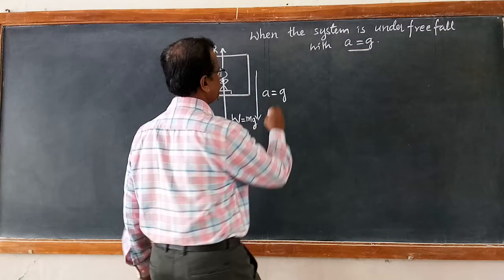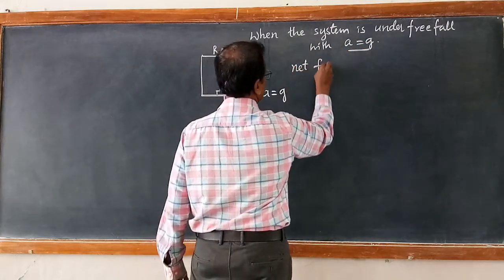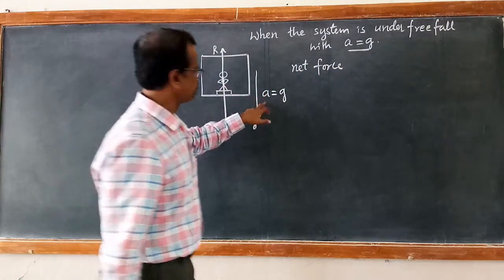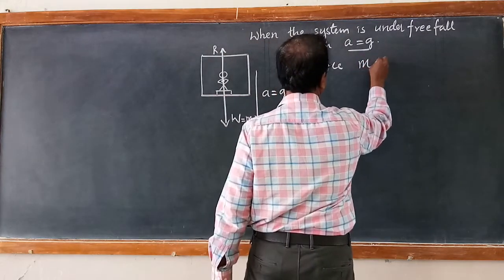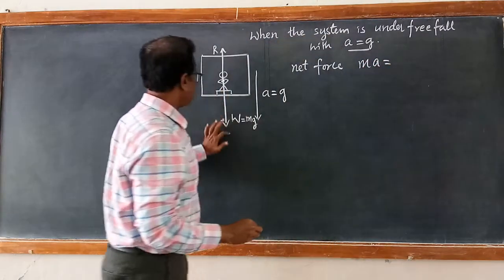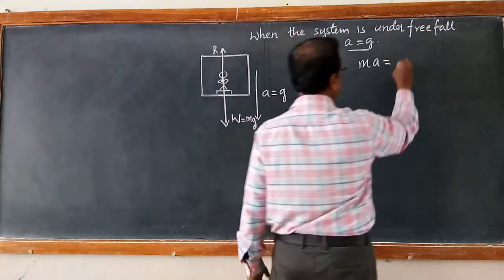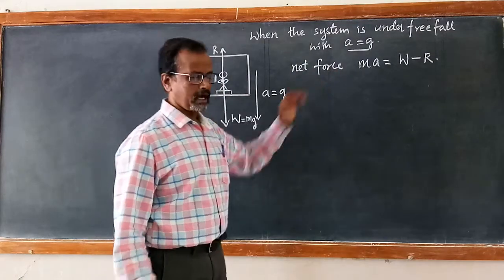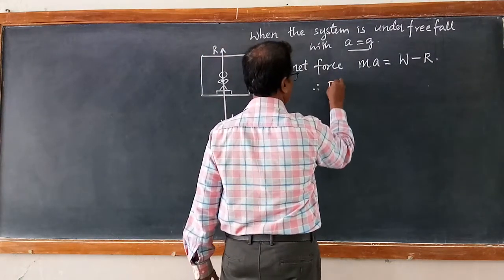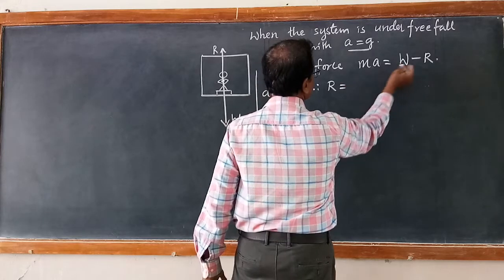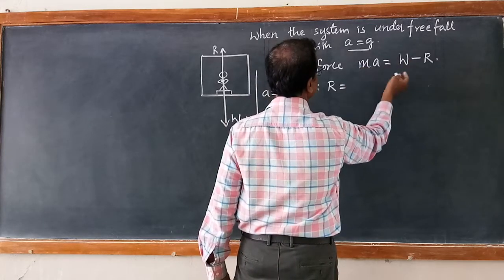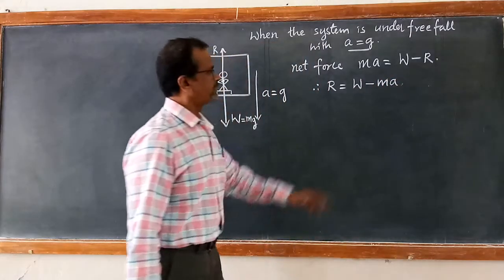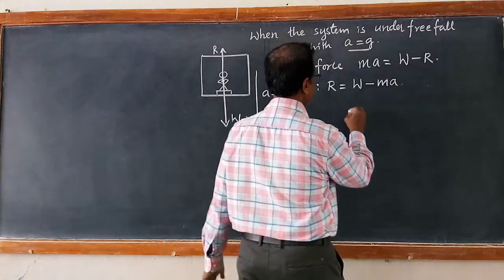Net force must be m into a. m a is equal to W minus R from the diagram. So we want to find out R. Therefore R is equal to W minus m a. But what is a? a is equal to g.